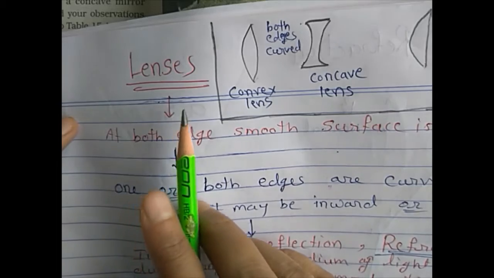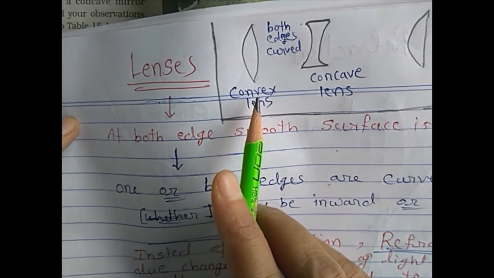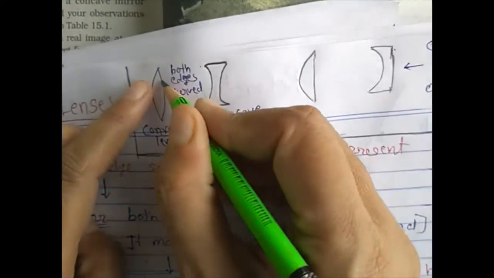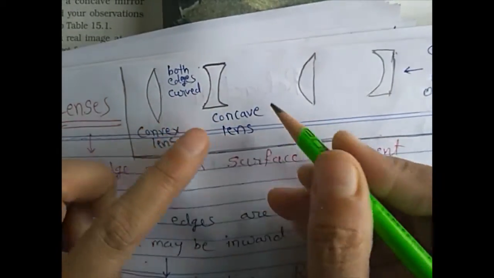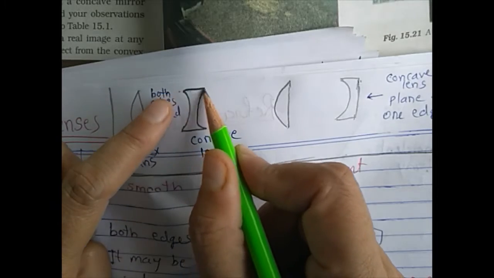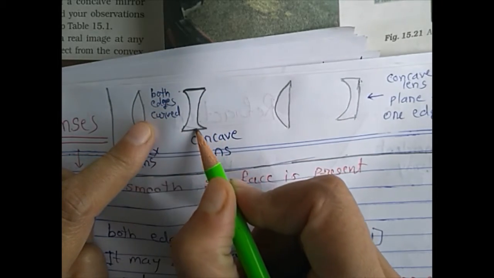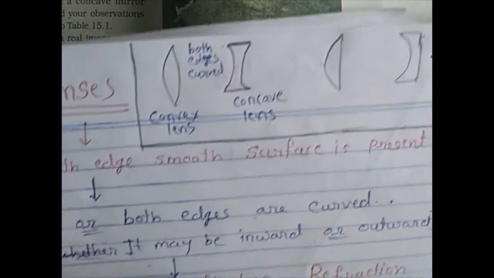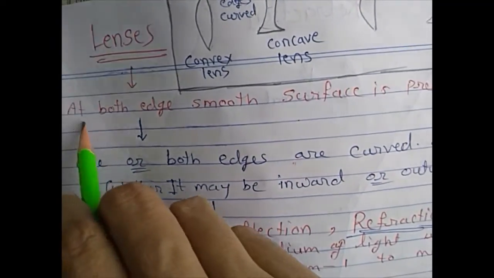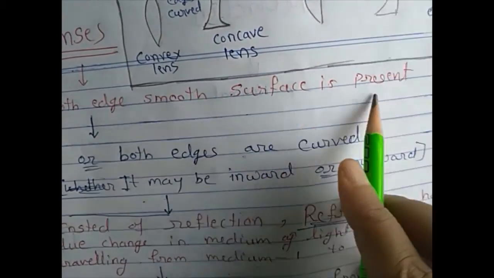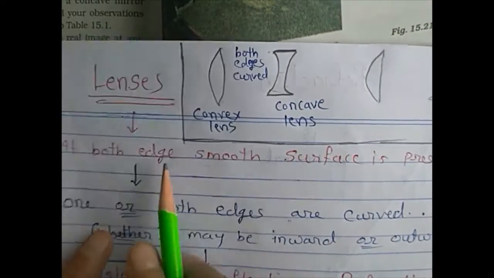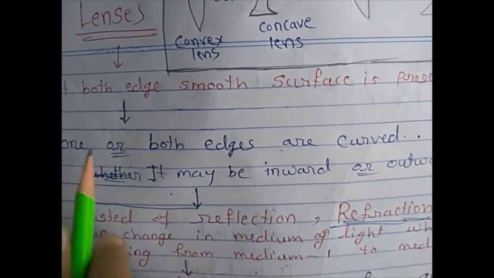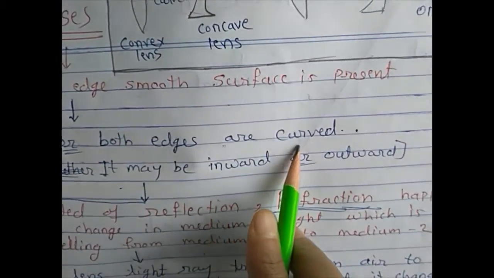So the convex lenses are thin at top and bottom and thick at middle, and concave lenses are thick at top and bottom and thin at middle. Understand this difference. Then the next point is, at both edges a smooth surface is present for the lens. Then one or both edges are curved.